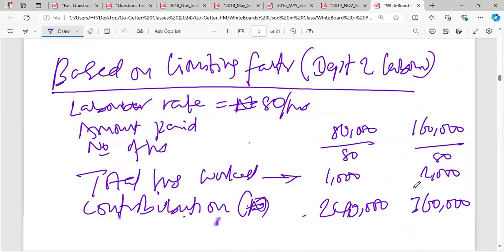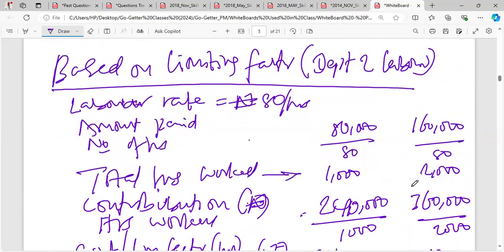Now, based on Department 2 labor hours, we have the labor rate paid at 80 naira. The amounts paid are 80 and 160. Each of the departments here, the first one was kettle, and this is pot.